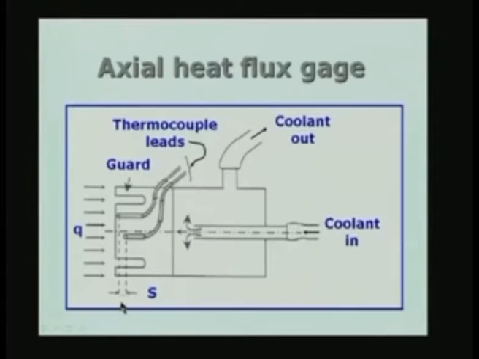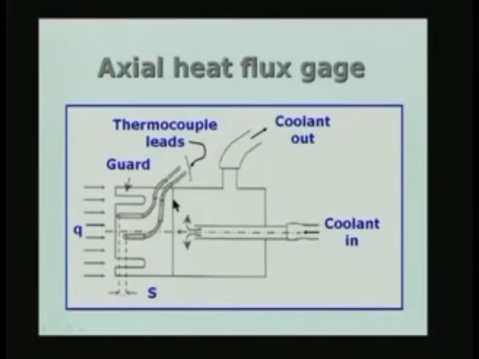The slide shows the working principle of an axial heat flux gauge schematically. If you look at the figure here, I have a circular cross sectioned probe, or a cylindrical probe. This is the probe part of it, indicated by this portion, and behind that I have some arrangement for cooling the back surface of the probe.